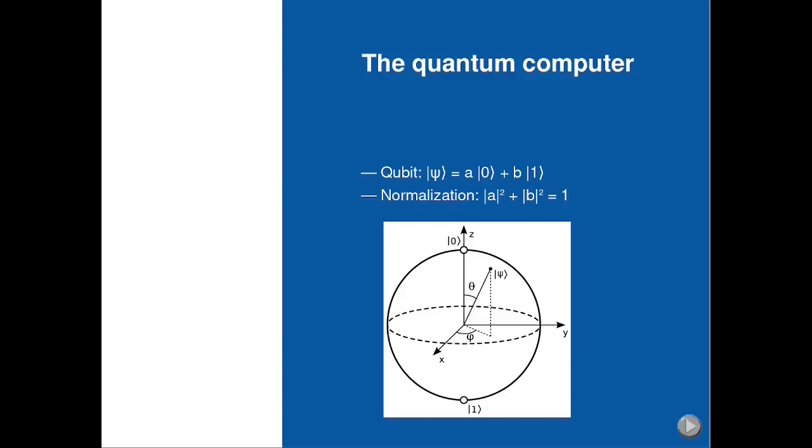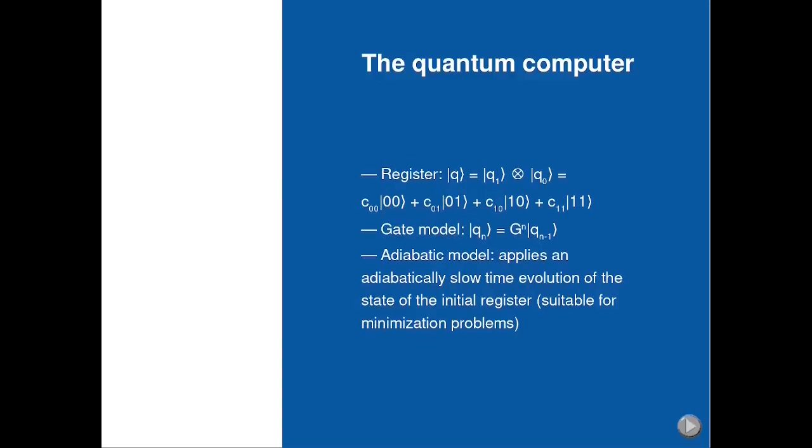This figure is the representation of a qubit after some mathematical manipulation. This sphere is called the Bloch sphere. A quantum register is a collection of qubits, and it's mathematically represented by the tensor product of these qubits.